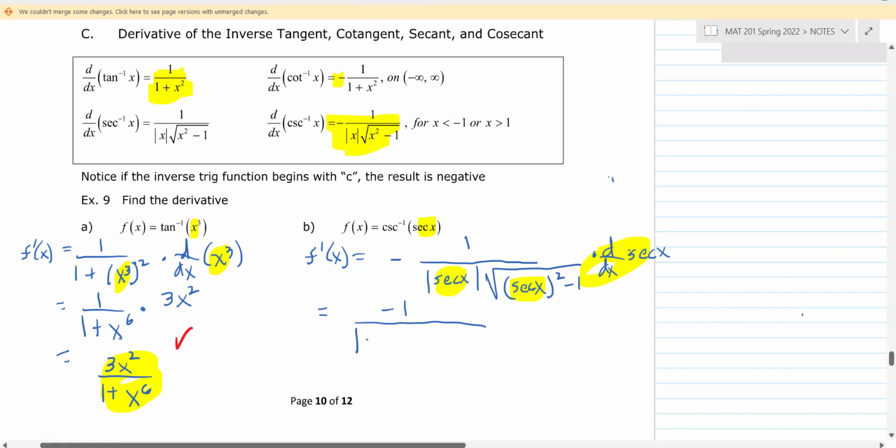Then we'll write this under the square root as secant squared x minus 1. There's a potential on that for using an identity, which we'll do in a minute. And then the derivative of a secant is secant x tangent x.